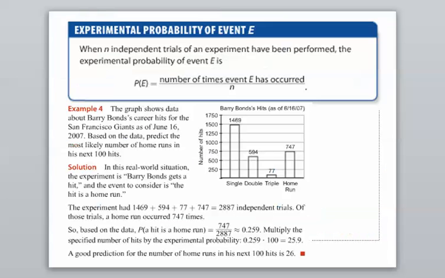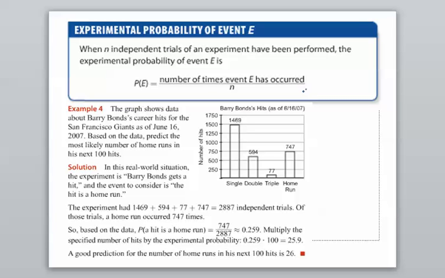Okay? So, when we're looking at experiments, when independent trials of an experiment have been performed, the experimental probability of an event occurring is the number of times the event occurred divided by the total number of trials.